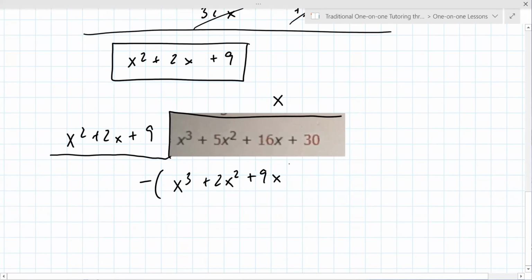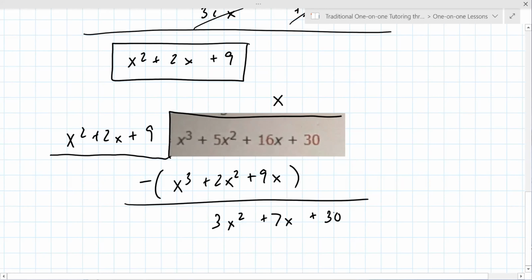Then you subtract. I'm going quickly here because this is review, and if it's not, just let me know and we'll spend more time on it. Then you bring the 30 down. So then you multiply to get this 3x squared. So you go plus 3.